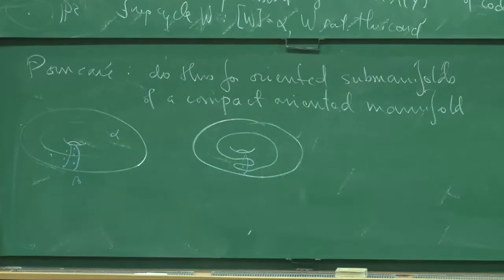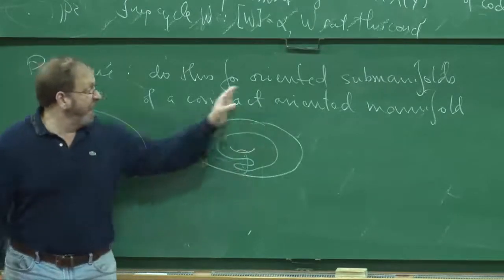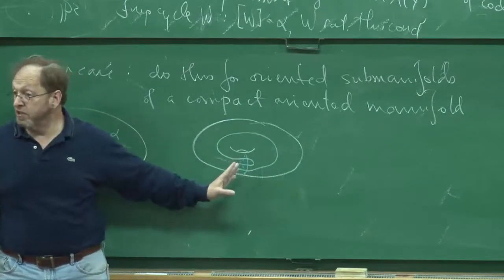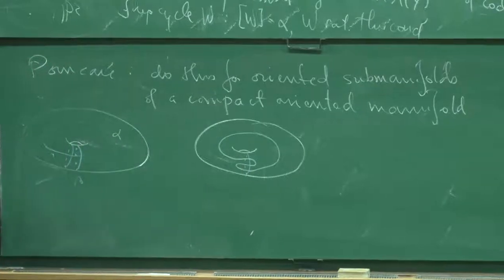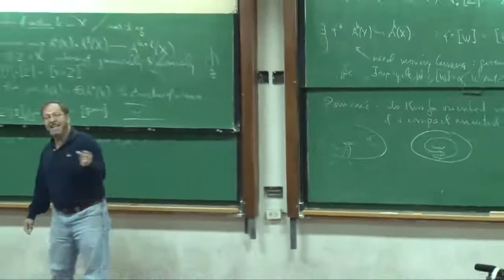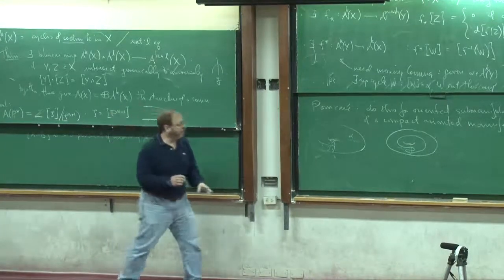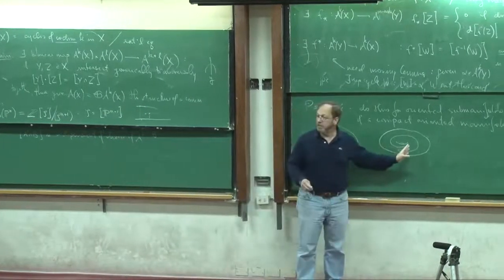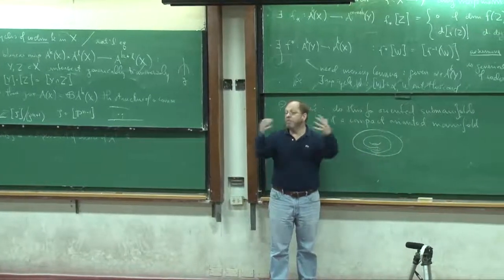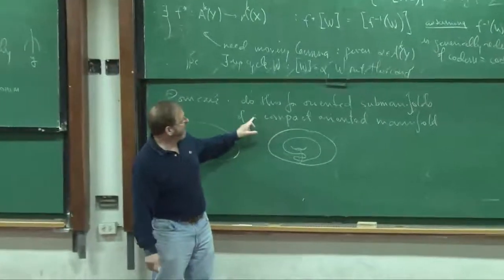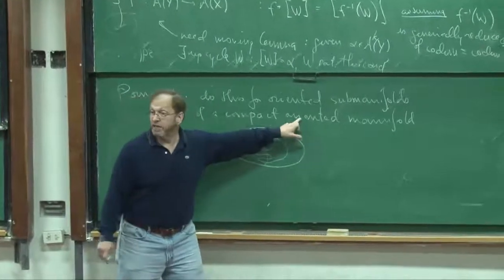So Poincaré figured out what to do about that. What he says is, assuming that these two submanifolds intersect transversely, you have to assign a sign, plus or minus 1, an index, to each point of intersection, reflecting the relationship between the orientation of the two cycles and the orientation of the ambient manifold. Remember, we're assuming that the ambient manifold is itself oriented.